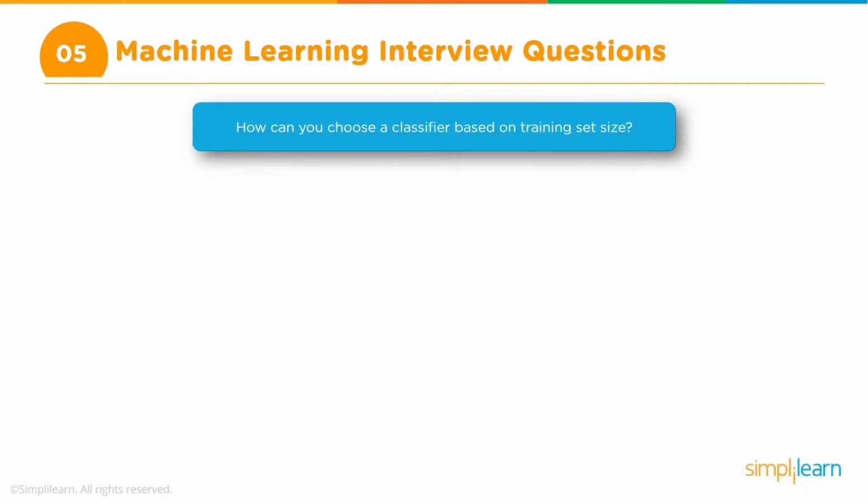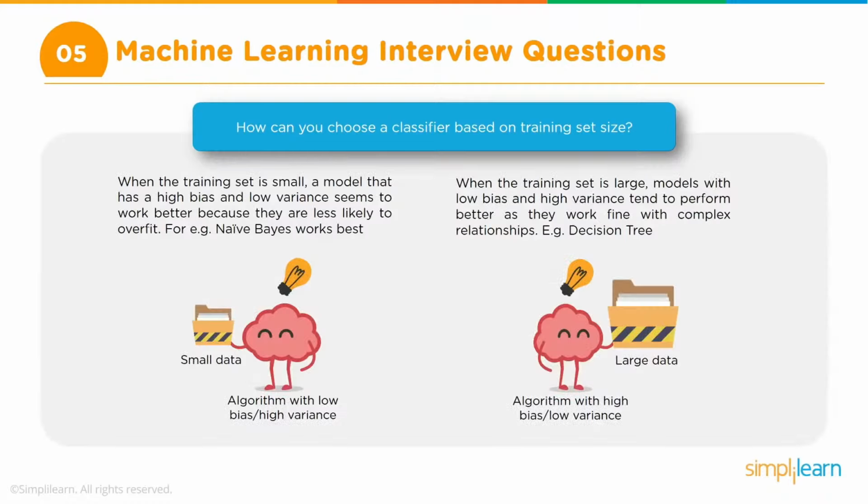Okay, so then the next question can be, how can you choose a classifier based on a training set data size? So again, this is one of those questions where you probably do not have a one size fits all answer. First of all, you may not decide your classifier based on the training set size.